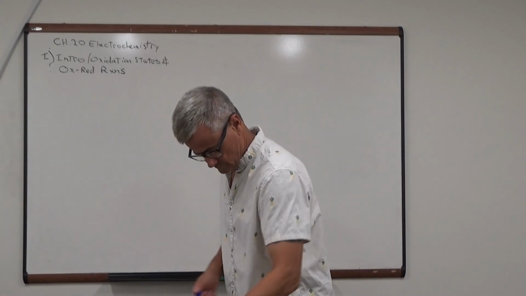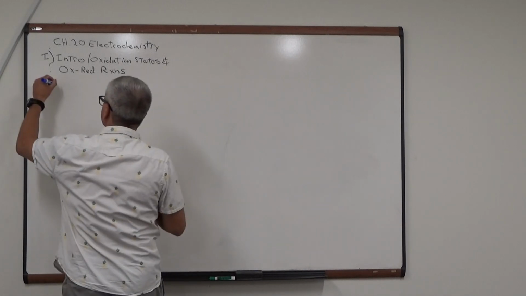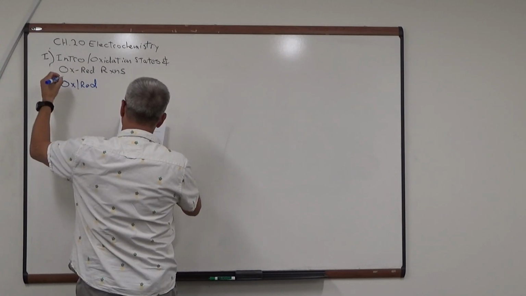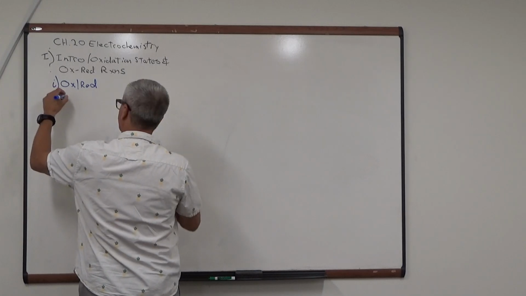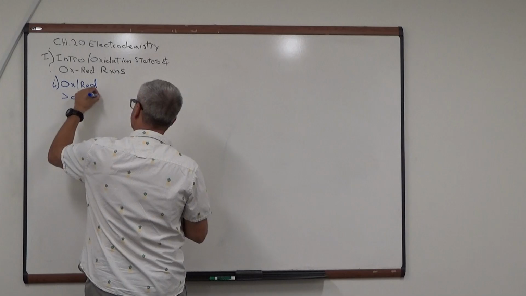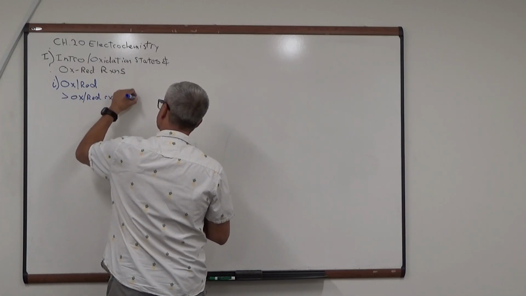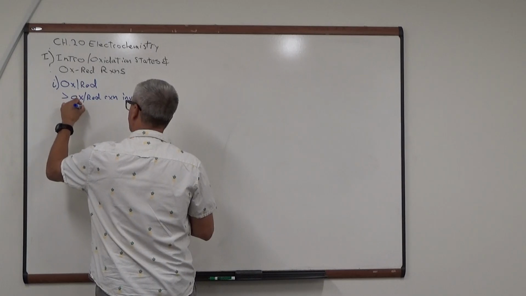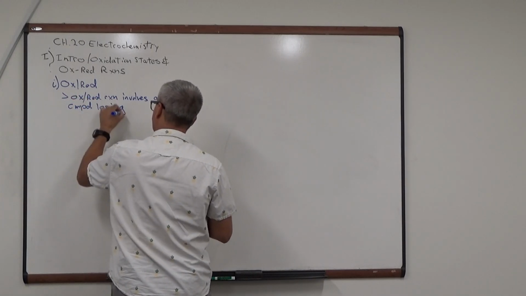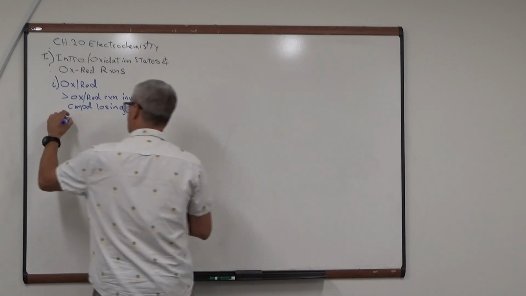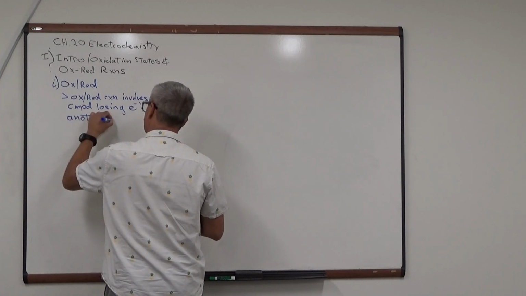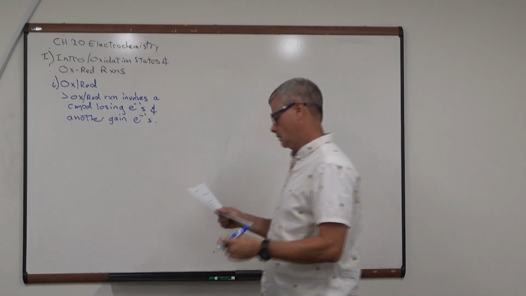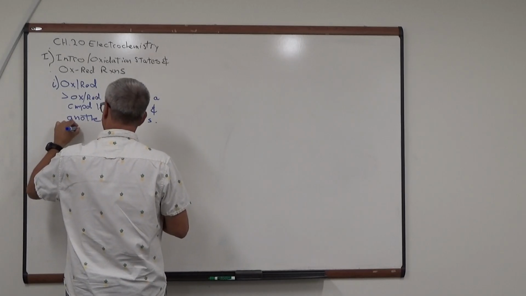An oxidation reduction reaction involves a compound losing electrons and another gaining electrons. It's a fundamental process.